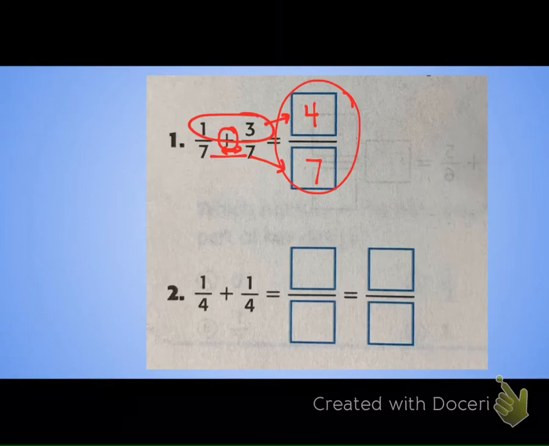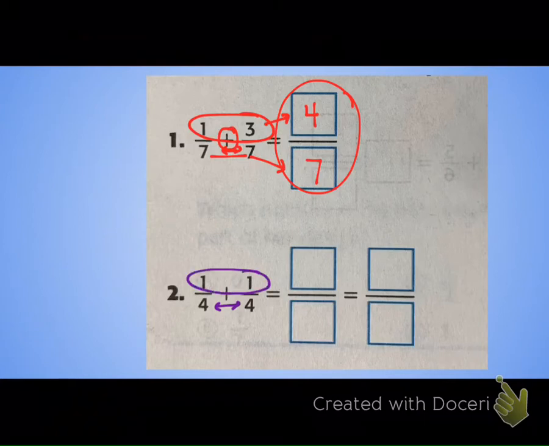All right, I'd like you guys to go ahead and try number 2. Pause the video, and then come back for the solution. All right, so let's go ahead and first off, we notice the denominators are the same, so that means we're going to be adding our numerators. 1 plus 1, so we are adding, is 2. I bring down my denominator. Don't add those.